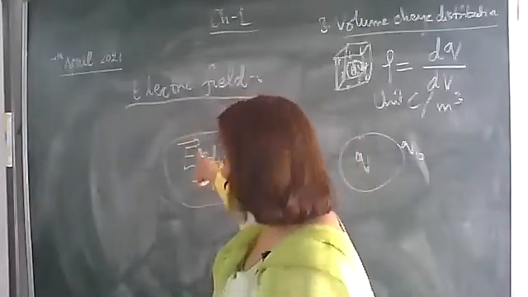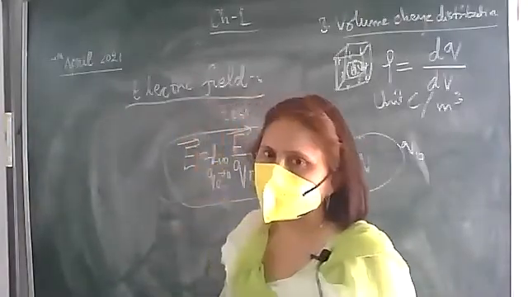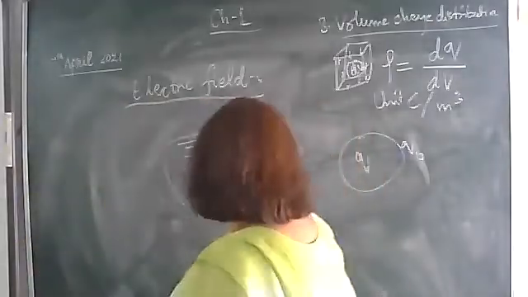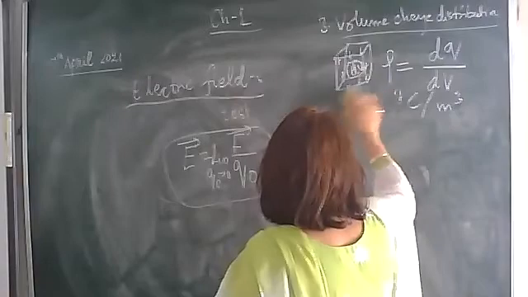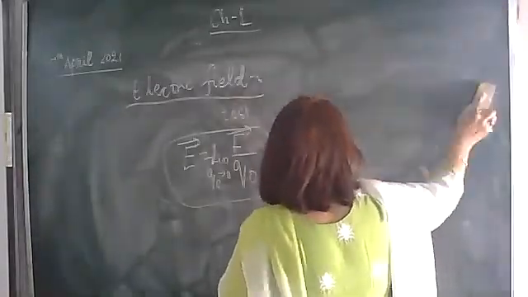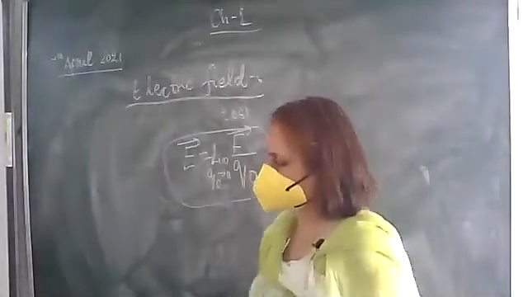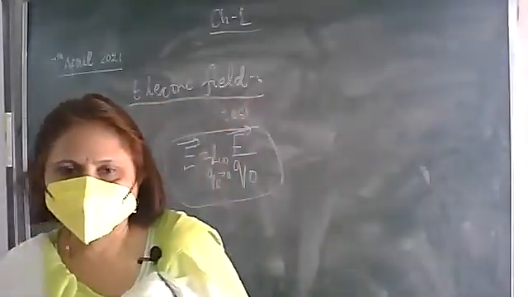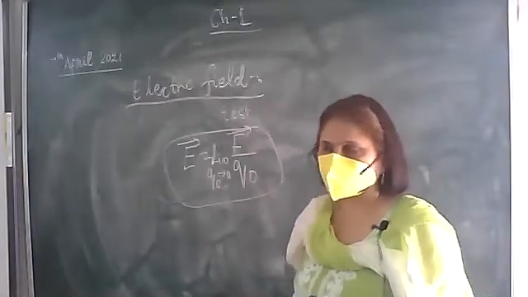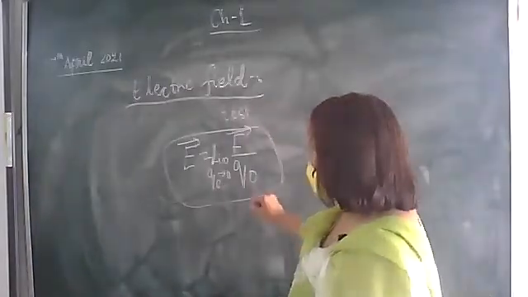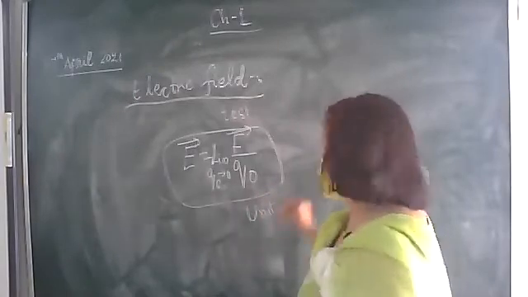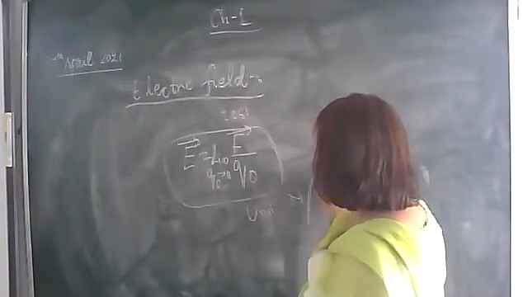So write down: E, the electric field, is a vector quantity having a direction along the direction of electrostatic force. The SI unit is Newton per coulomb.